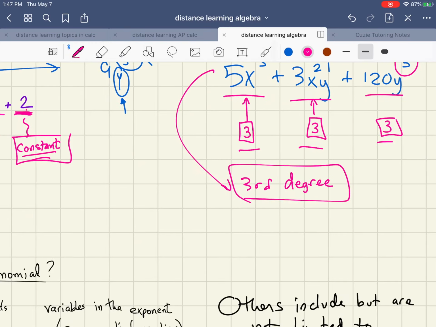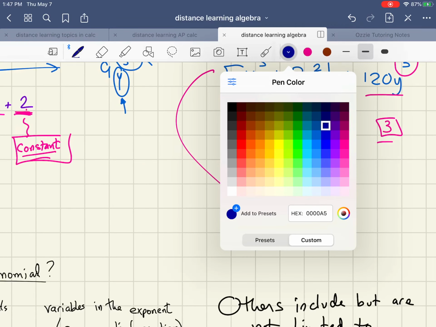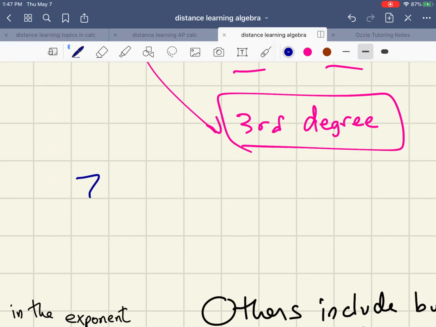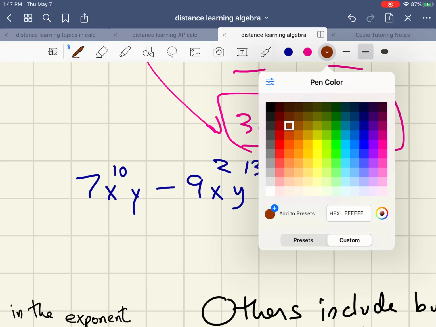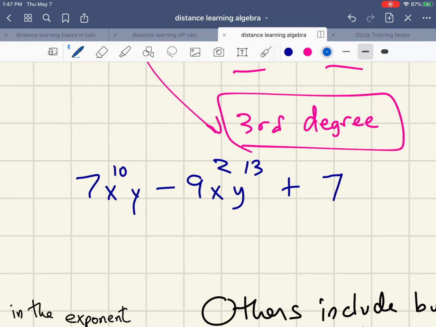Let's do a different one. 7x to the 10th y minus 9x squared y to the 13th plus 7. We're going to look at each individual term. We're going to determine the degree of each term. Okay, we have a 7x to the 10th y.